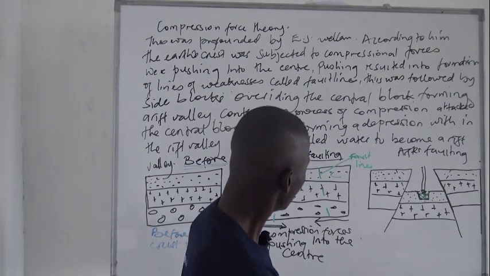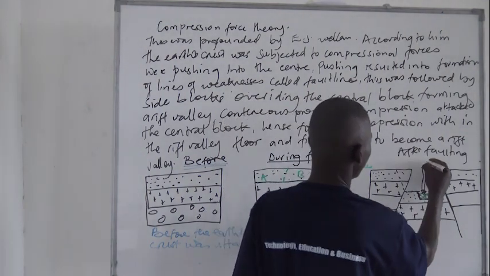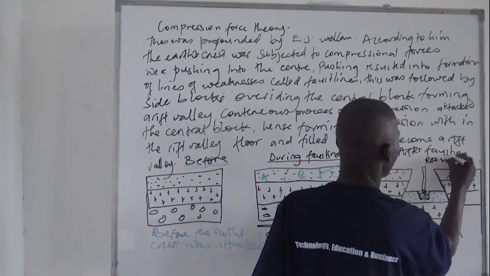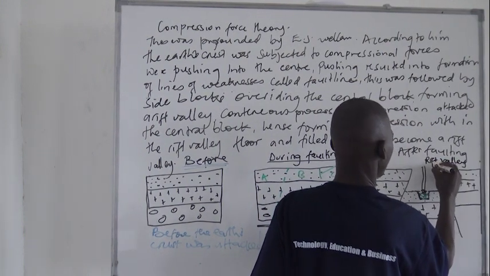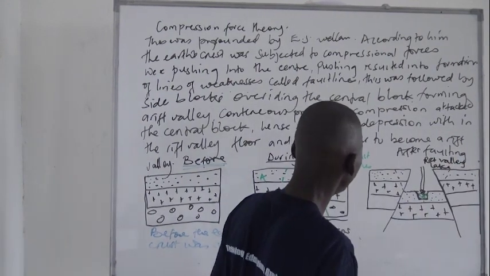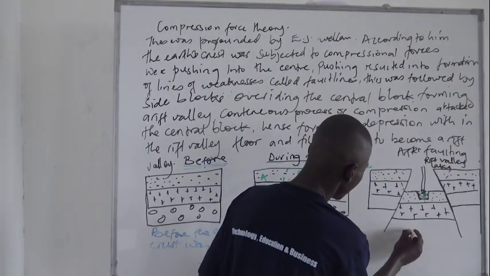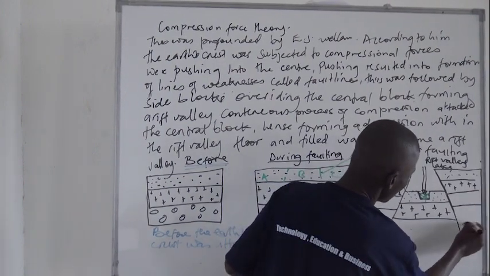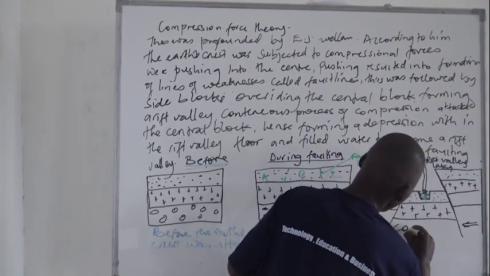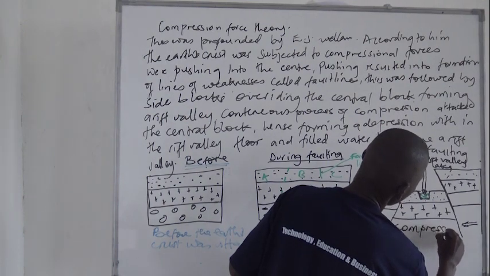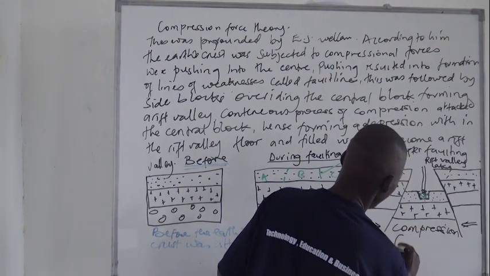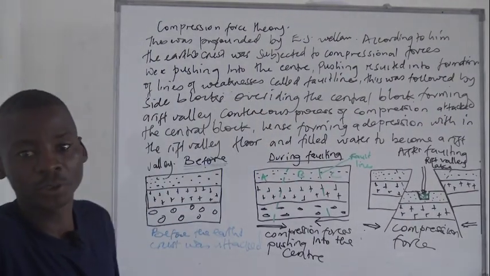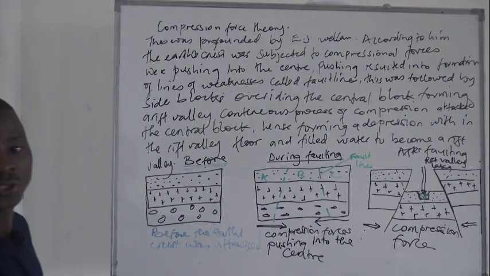So, that's the Rift Valley lake. This is the compression, creating a depression within a depression.